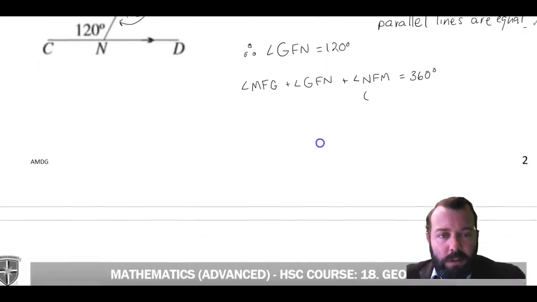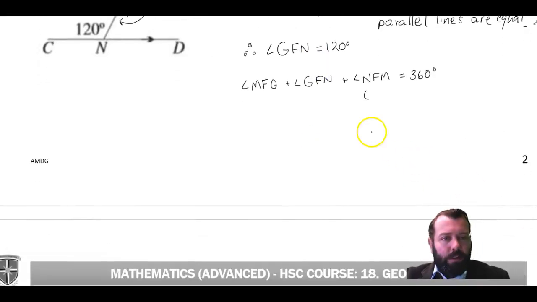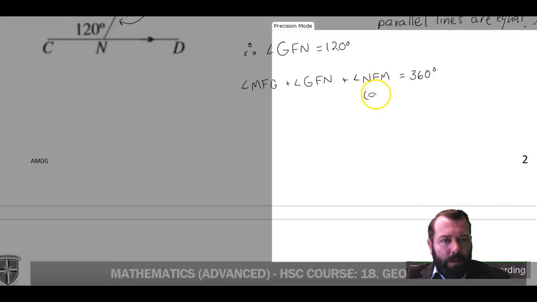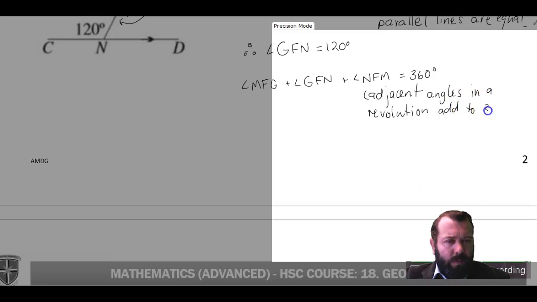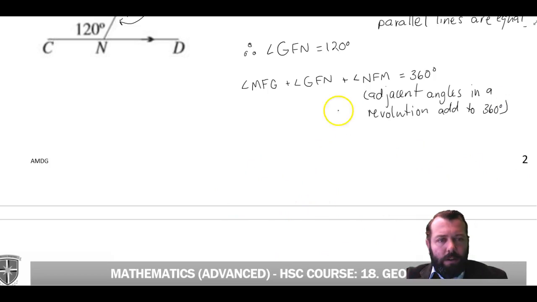Adjacent angles in a revolution add to 360 degrees. In a revolution. (360 degrees). Okay, now I can put in another therefore statement.